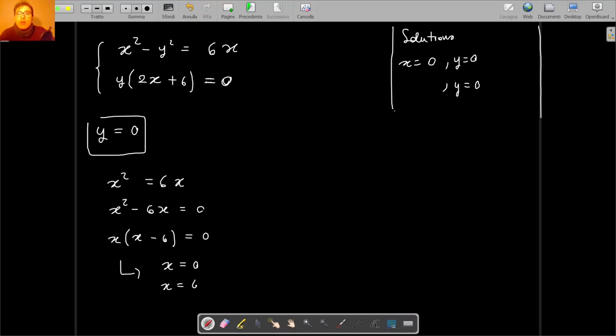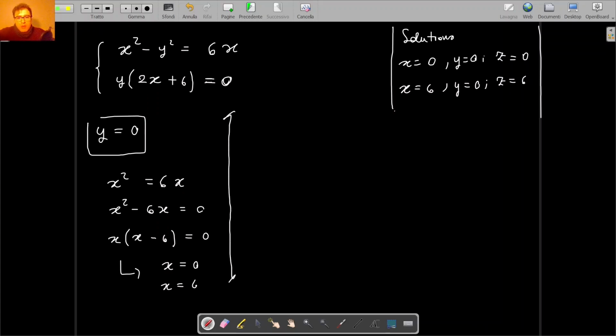Okay, I hope you will understand me. And this is x equal to 6. So we have as complex solutions z equal to 0 and z equal to 6. So we have the, let's say, not so interesting solution z equal to 0, and we have the real solution z equal to 6. Perfect.